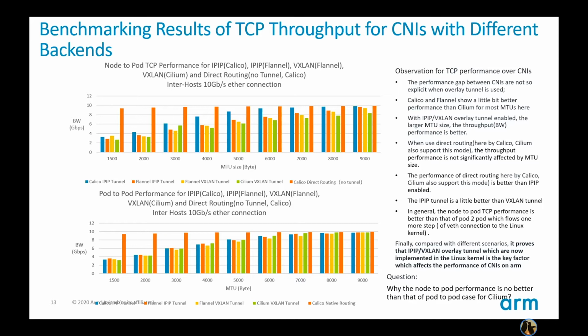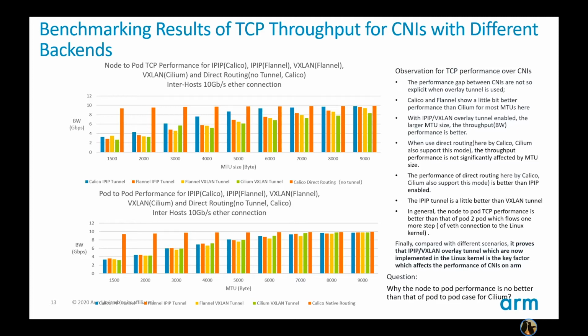We also want to check what the result would be for direct routing. We just use Calico direct routing, which has no tunnel for pod-to-pod communication, so it should have the best performance.